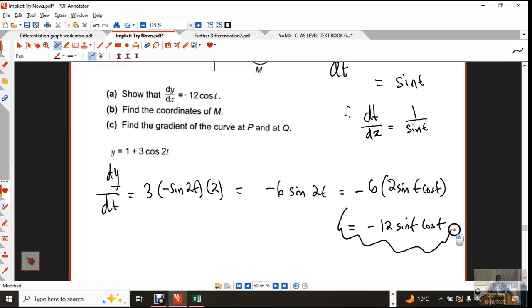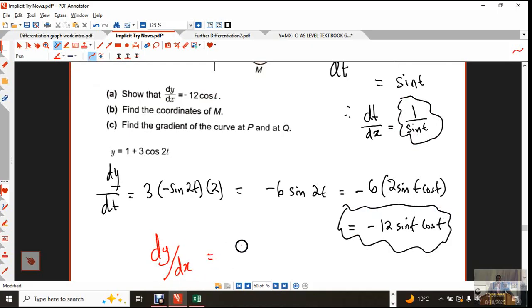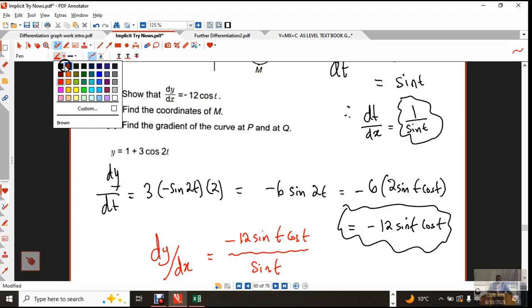Right, so you have got this one over here and this one over here. So you're going to multiply the two of them. So you're going to say, therefore, dy dx is going to be, let's take dy dt, which is negative 12 sine t cos t, and we're going to put it all over sine t. Right, so what does that give us?